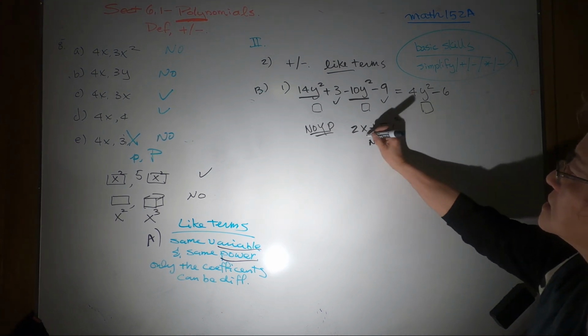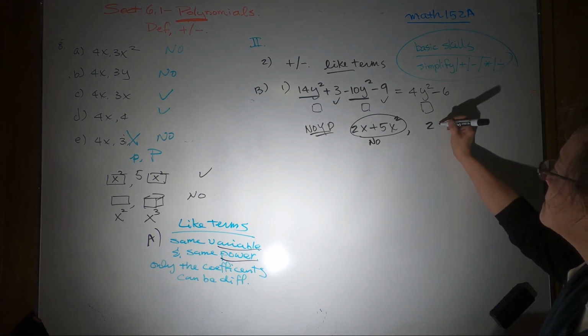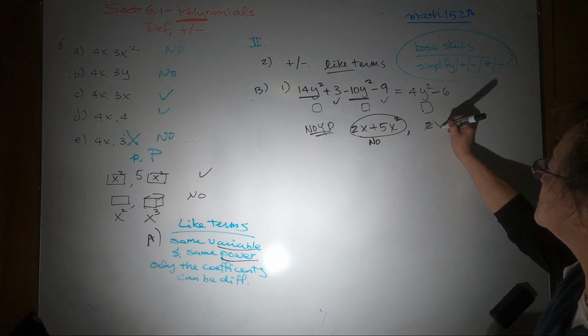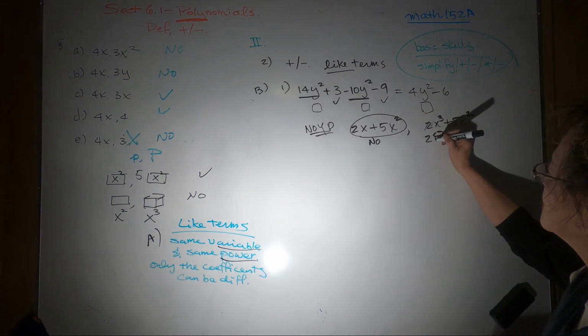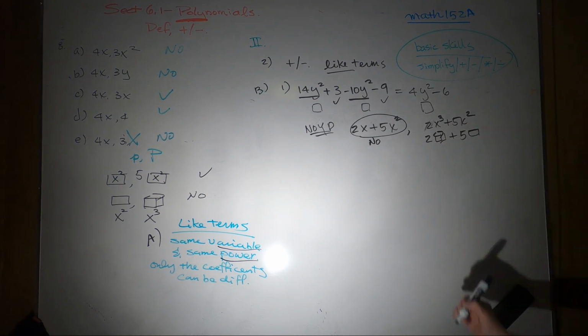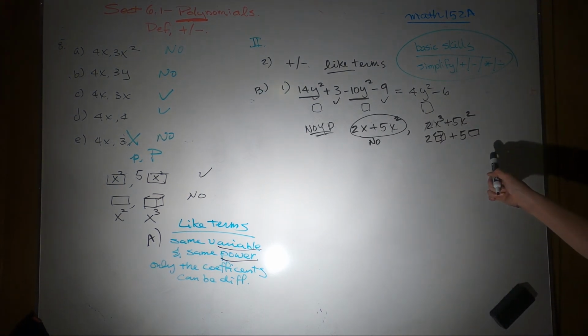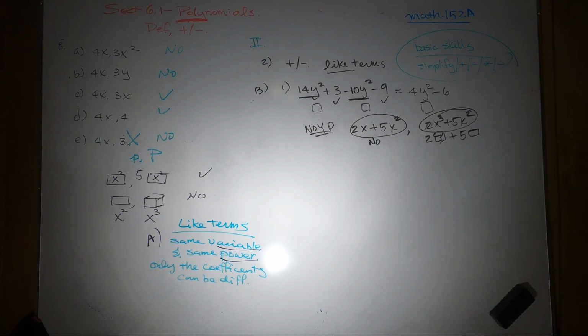So that would be the simplest form. Or you have 2x cubed plus 5x squared. So you have 2 of the cubes and 5 of the squares. Can you put it together? No. So that would be the simplest form.